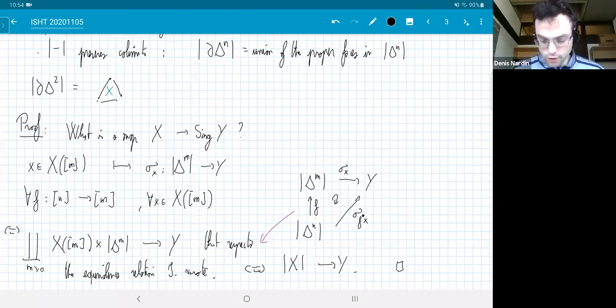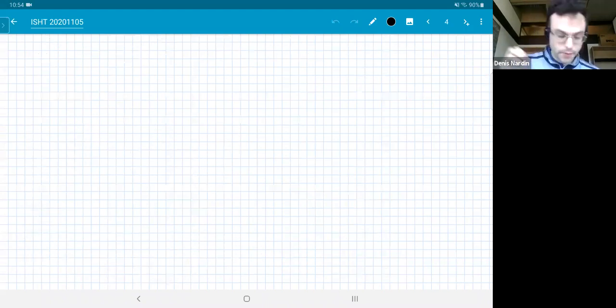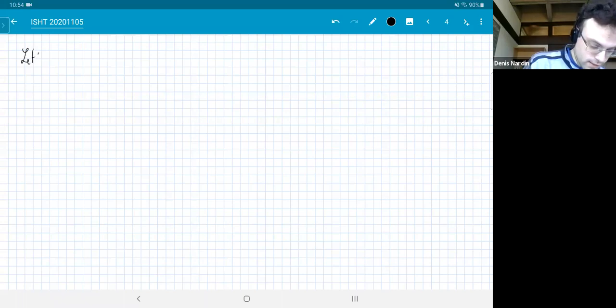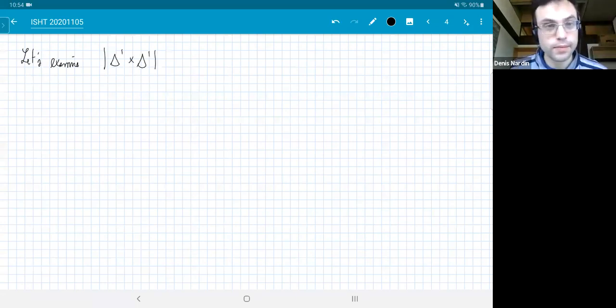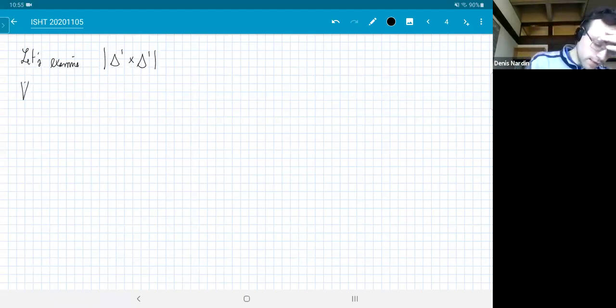Good. For the sake of giving concrete examples, let me check one thing. Let's examine the geometric realization of delta 1 times delta 1. So what are the simplices of delta 1 times delta 1?